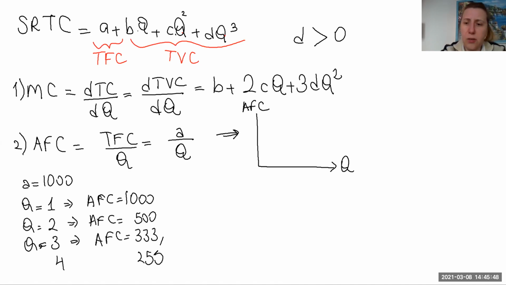Is it linear? It's decreasing, of course, but is it decreasing linearly? Is the decreasing ratio the same? No, it's not. If I write this function as A times Q to the power of minus 1, maybe you can tell me the shape of the average fixed cost better.